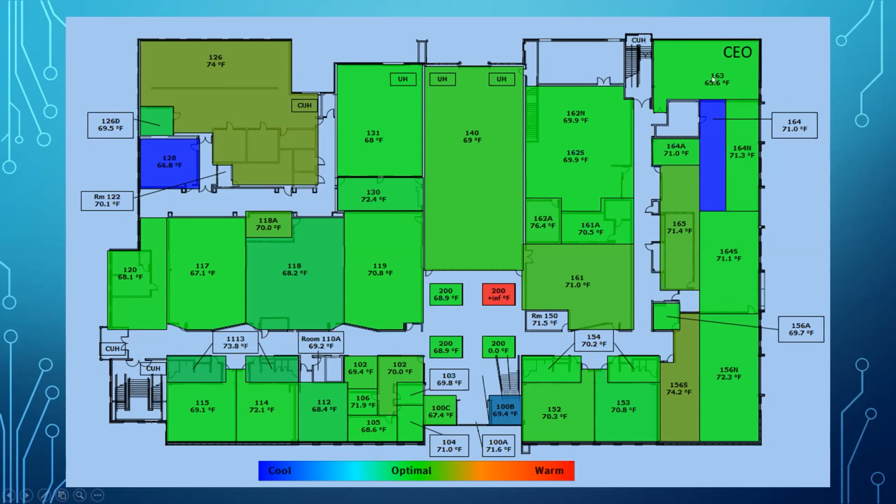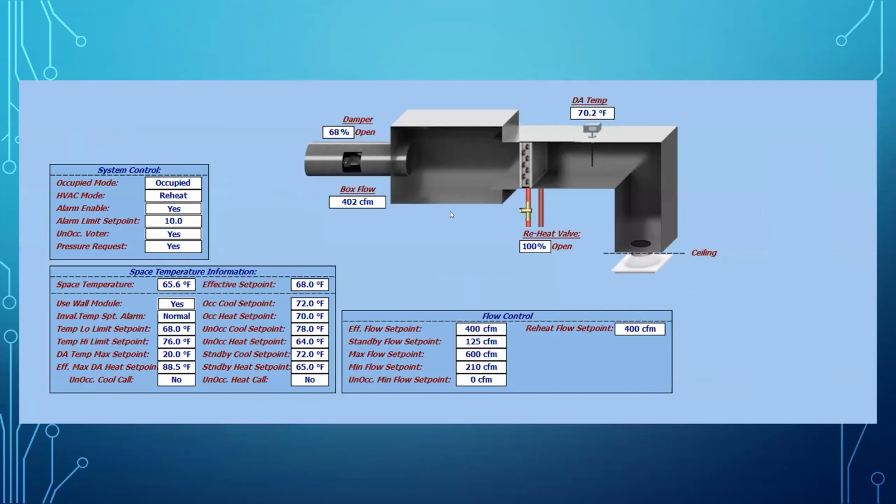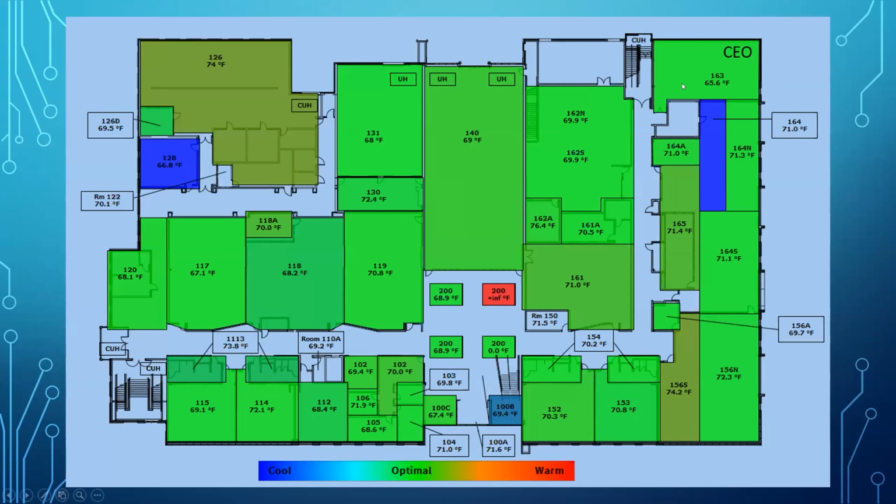So I'm going to see if I can go back. Remember, we got 65.6 degrees here. Let's see if I can go back a screen. There we go. What's our space temperature say over here? Oh, 65.6. So at least it is showing us the correct temperature. Okay, but this background field, this green, is not accurate. So we need to have somebody look at that.